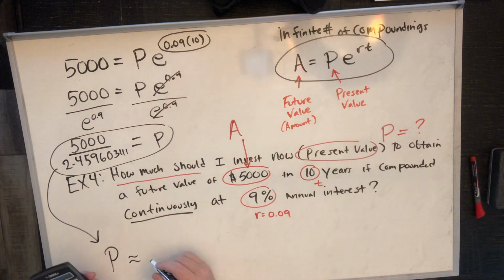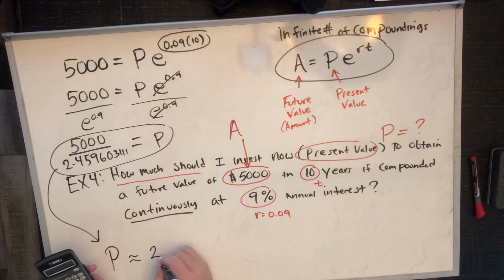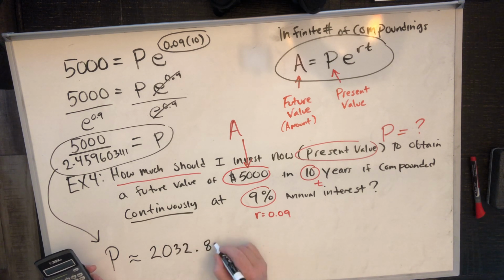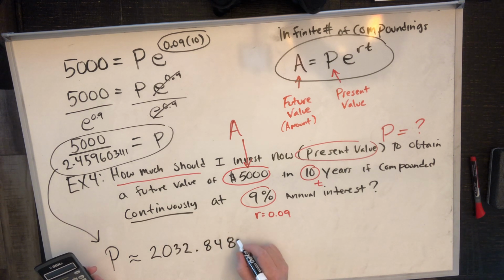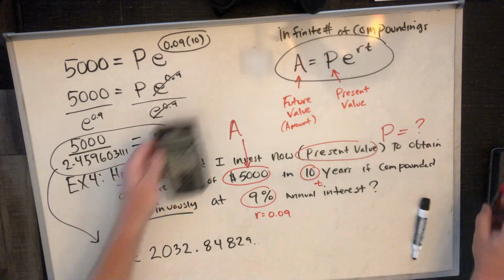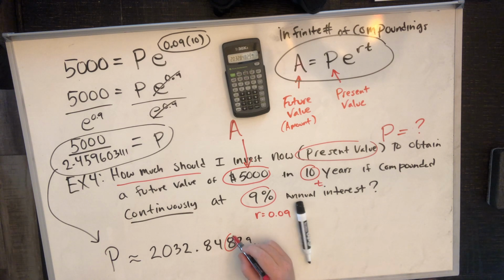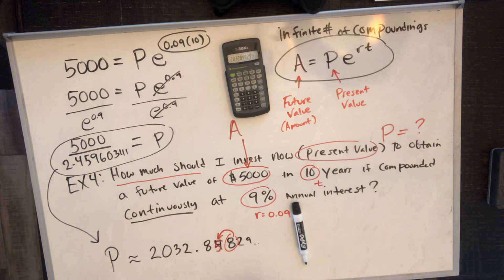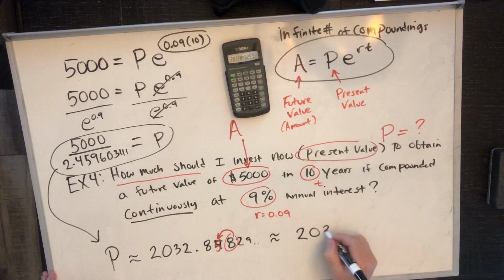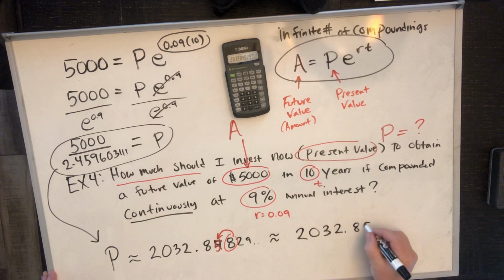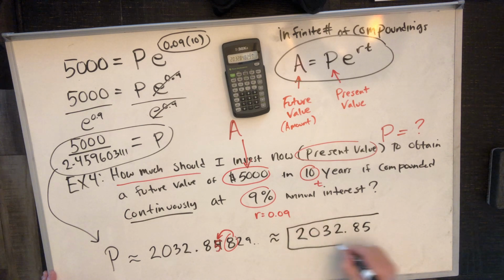This is where having a little bit more expensive calculator might come in handy. 8482999. Look for our decider. Decider is 8, so we're going to round this up to a 5. So our answer is approximately $2,032.85.